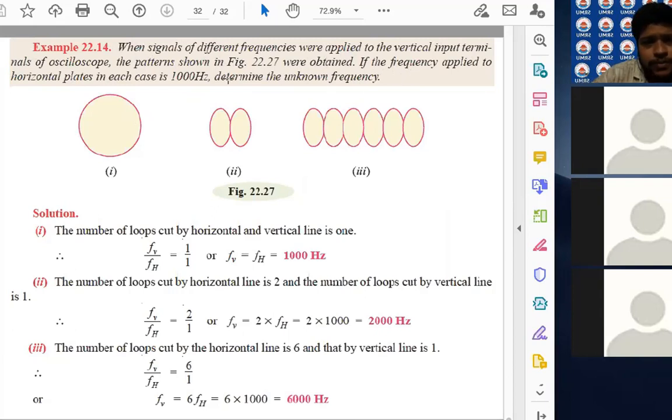If the frequency applied to the horizontal plate is 1000 hertz.